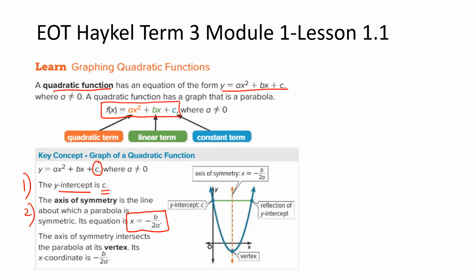This is important for the axis of symmetry. And last is the vertex, whose x coordinate is this and y you get by substitution. The graph will be a U-shaped parabola as you can see in this. I would urge you to learn this formula sheet so that you can solve the questions from Module 1 lesson 1.1 correctly. Now let's see the questions.